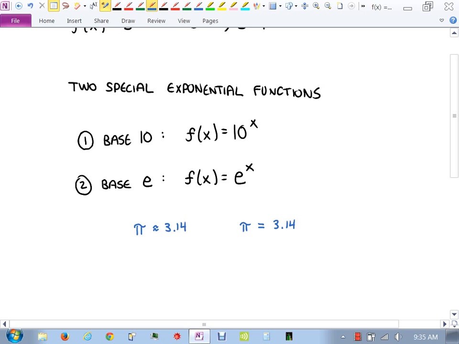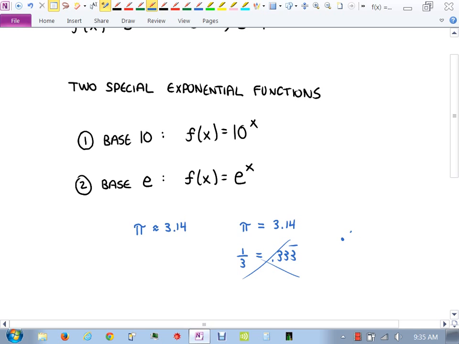And the thing about pi is that it never stops and it never repeats. So it's not like the number 1/3. 1/3 is 0.333, but it keeps repeating, right? So it's not like that because it doesn't repeat itself. Does that make sense? And it's not like this one either.